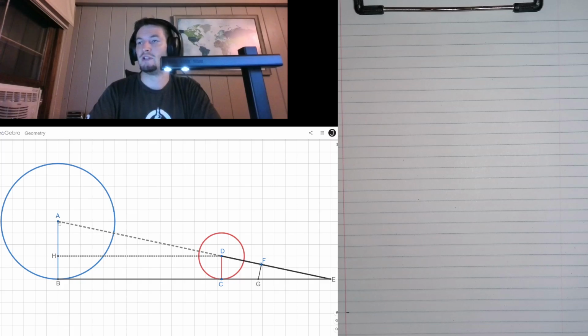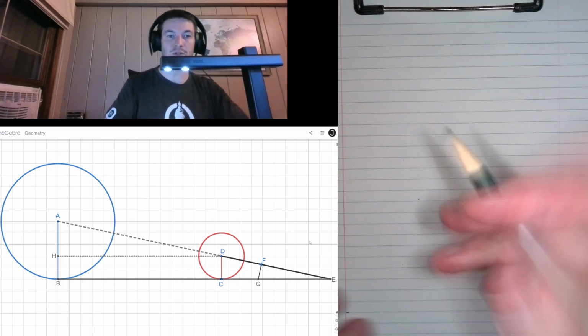We are given the distance AD between the two circles, or between the two spheres. And we're given their radii, so we know this length and we know this length. What we don't know is length DE. But because we have similar triangles, we know the proportion of AH to AD is equal to the proportion of DC over DE.